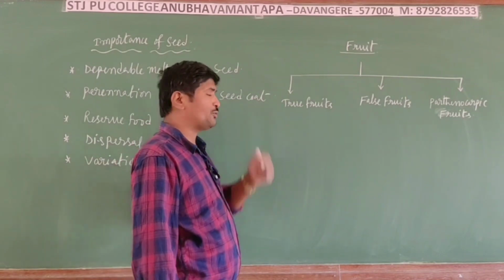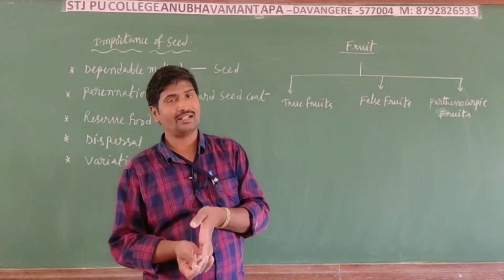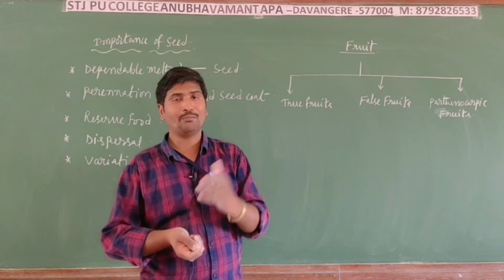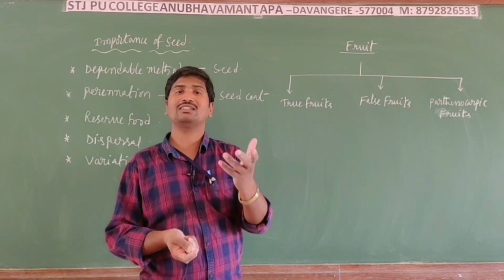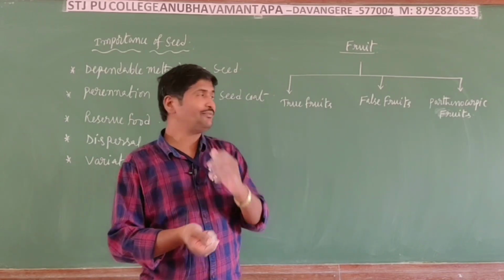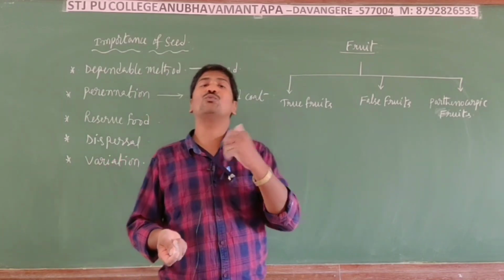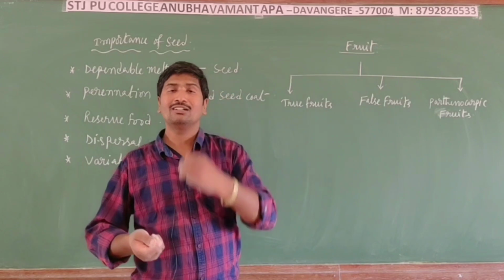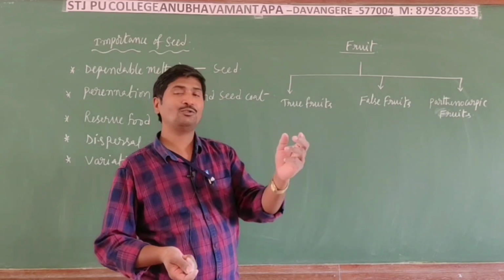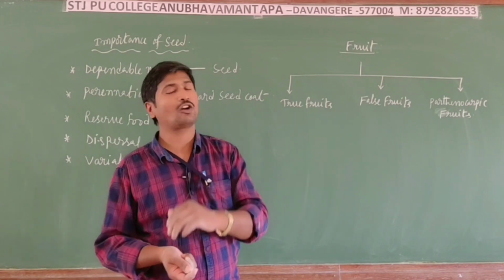Further, true fruits are mainly fleshy fruits and dry fruits. The best examples of fleshy fruits are mango, grapes and tomato. In fleshy fruits, the pericarp, that is the fruit wall, is differentiated into three layers: epicarp, mesocarp and endocarp.